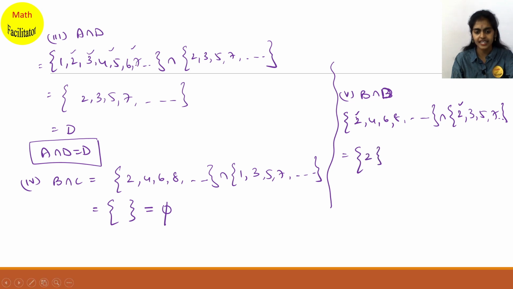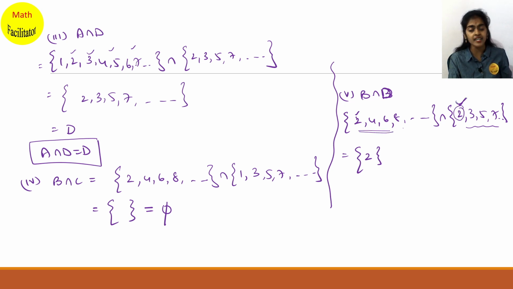So the only element of B intersection D is 2. Now B is a set of all even numbers, D is the set of all prime numbers. We already know that 2 is the only even prime number. All other prime numbers here are odd. Here you have only even numbers, and here 2 is the only even prime number.